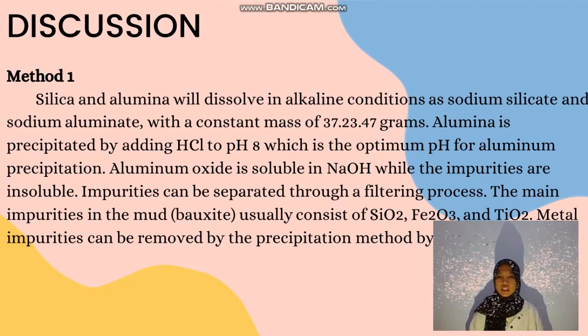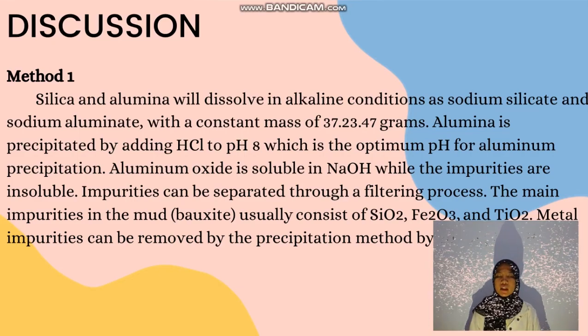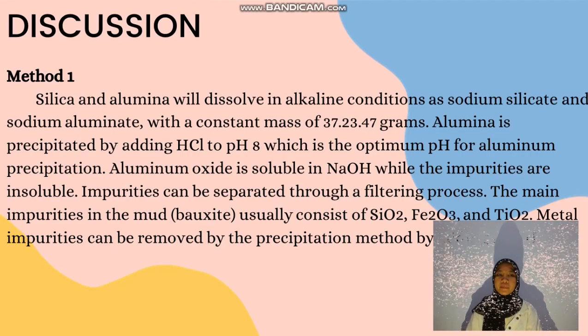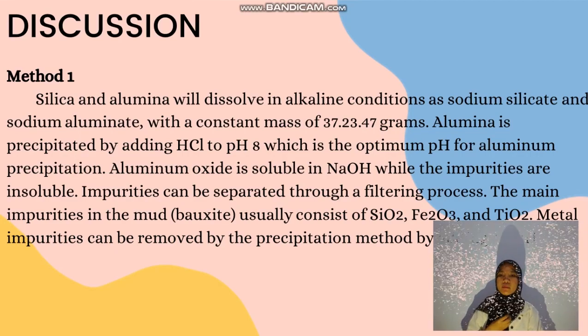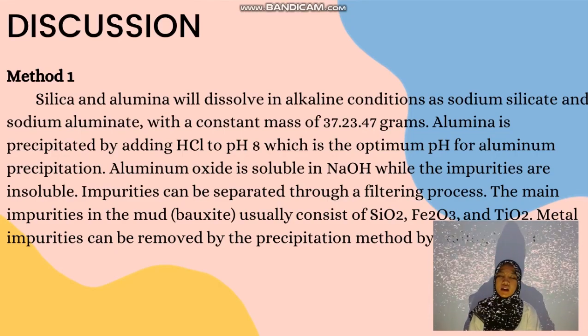Aluminum oxide is soluble in NaOH, while the impurities are insoluble. Impurities can be separated through a filtering process. The main impurities in the mud are bauxite, usually consisting of SiO2, Fe2O3, and TiO2. Metal impurities can be removed by the precipitation method by adding NaOH.